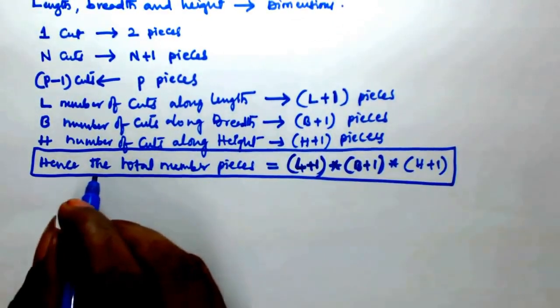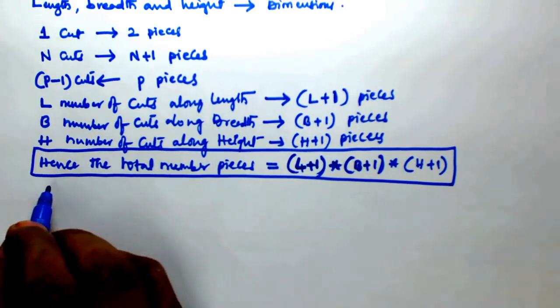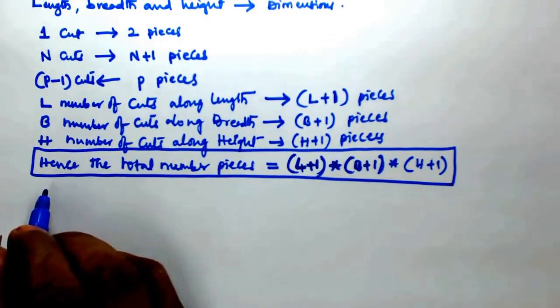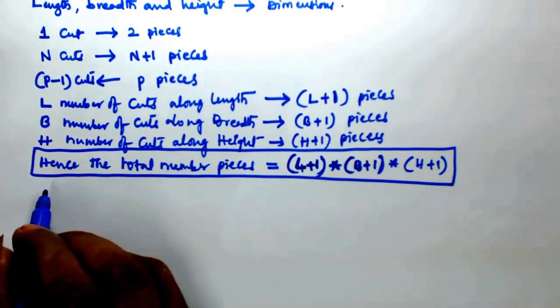So now, how will we get the maximum number of pieces for a given number of cuts?